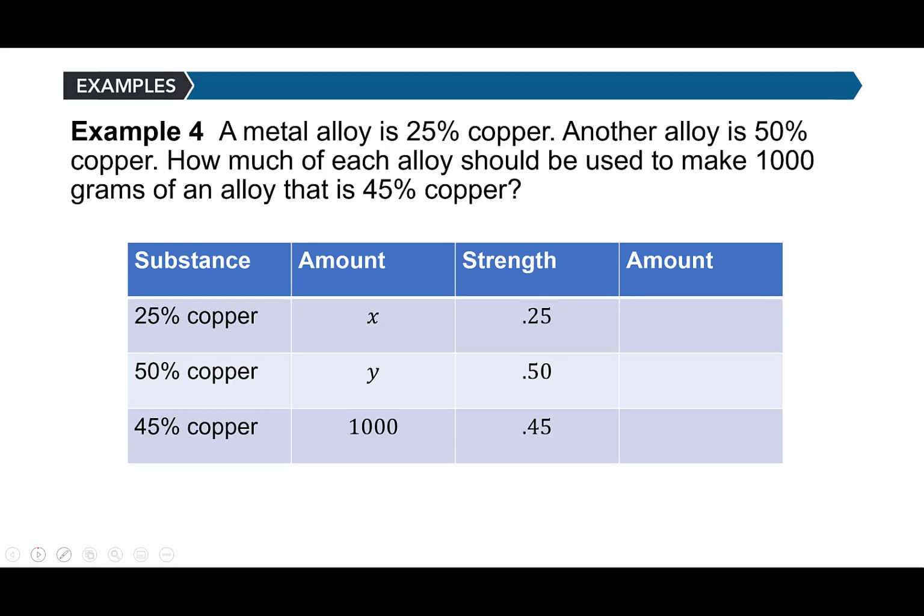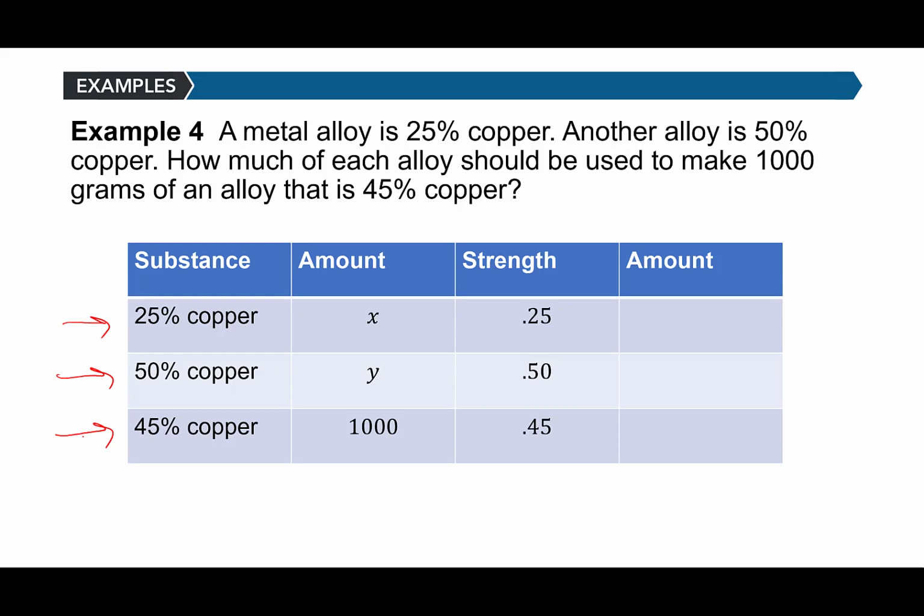In these particular problems, I like to organize the information in a table or some type of graphic, which I will show you in just a minute. I want to list all the different solutions that we have. We have a 25% copper solution. We're combining it with a 50% copper solution, and we want to get a 45% copper substance.